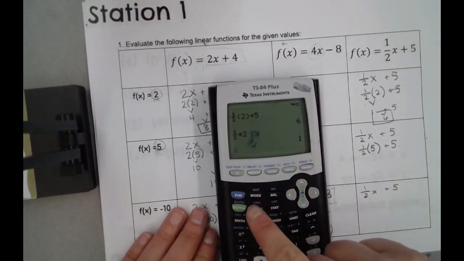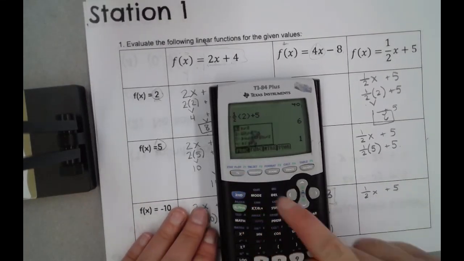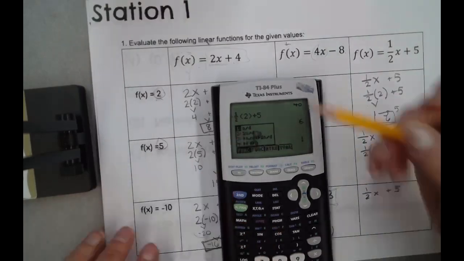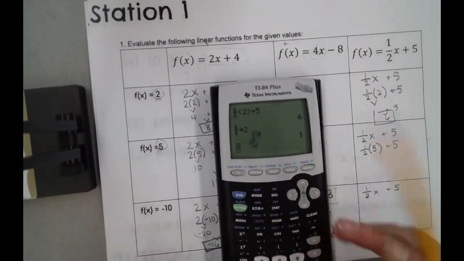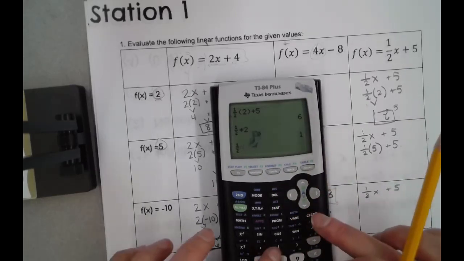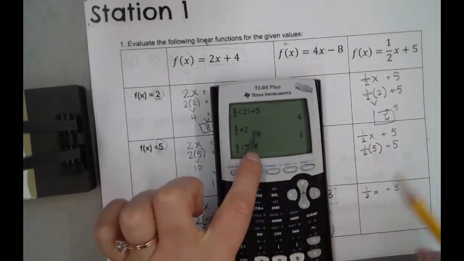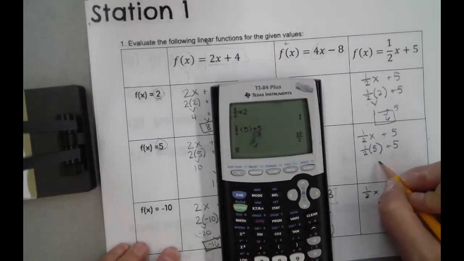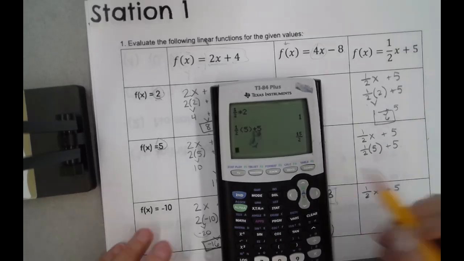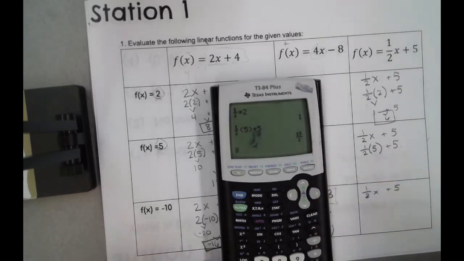But alpha, y equals, numerator, denominator. That's what we want. Numerator, denominator, 1/2 times 5, parentheses 5 parentheses, plus 5. If you don't put the parentheses, you're going to be wrong. 15 over 2. Let's see what that is.